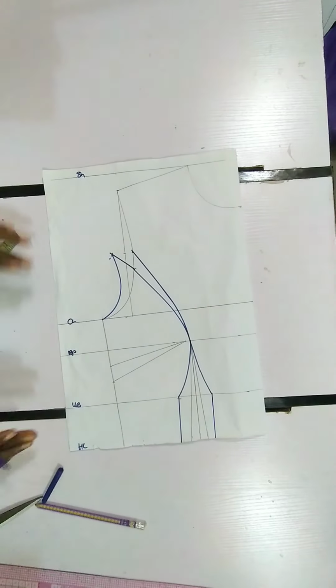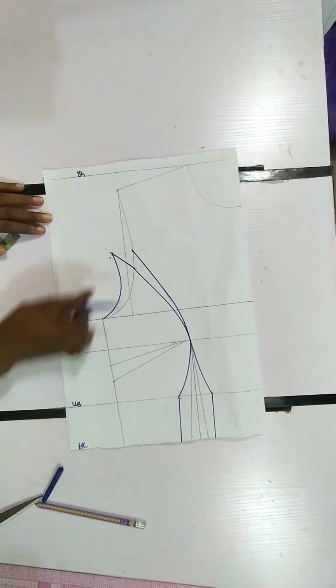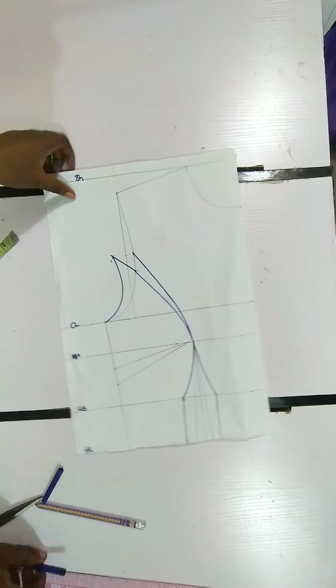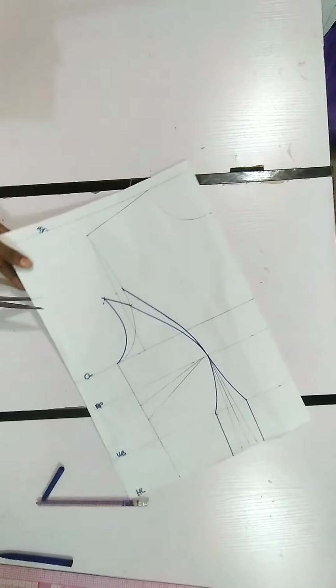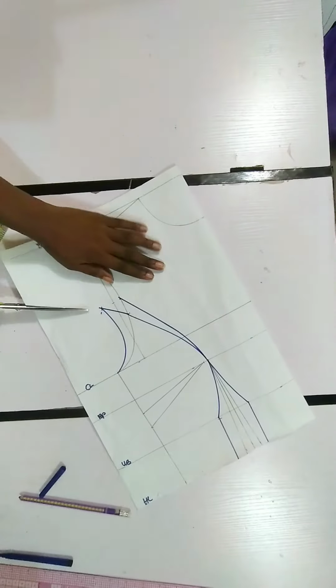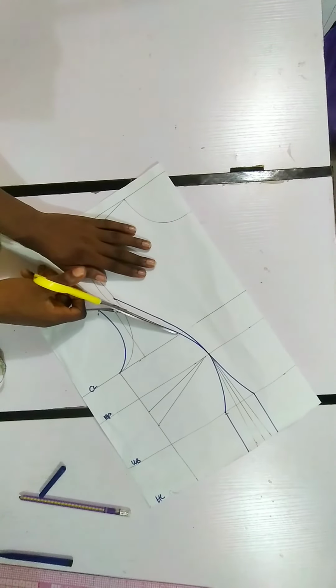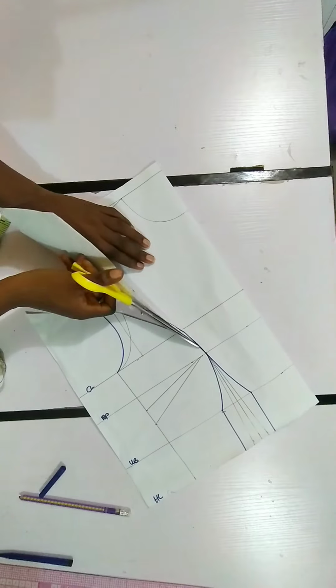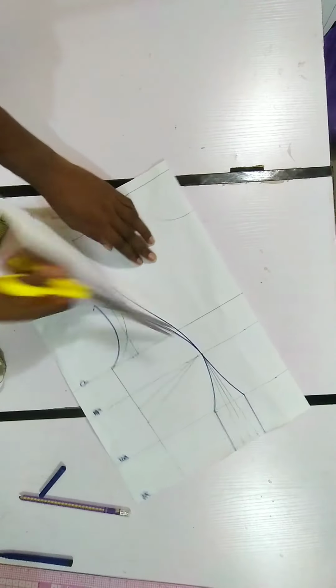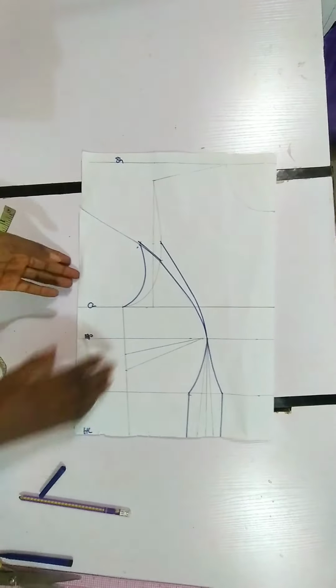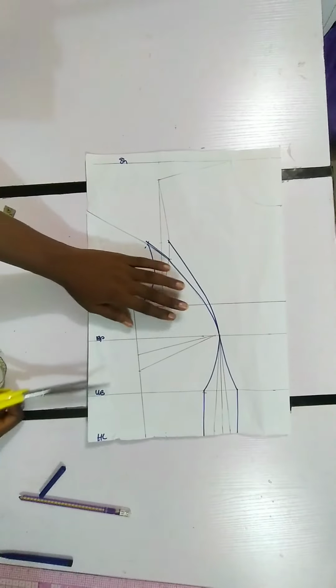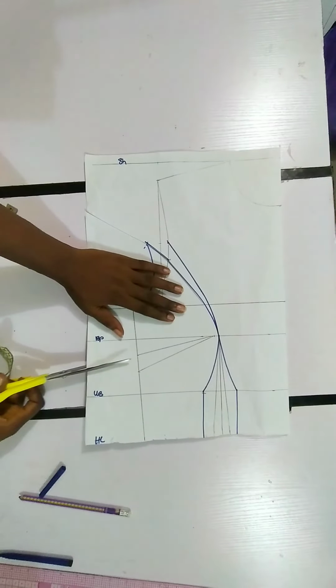The next thing we are going to do is to transfer this bust dart to the armhole. And for us to do that, we are going to first of all slash through the armhole like this. Okay, we're going to stop at the bust. Then I'm also going to slash this part so we can fold it away.